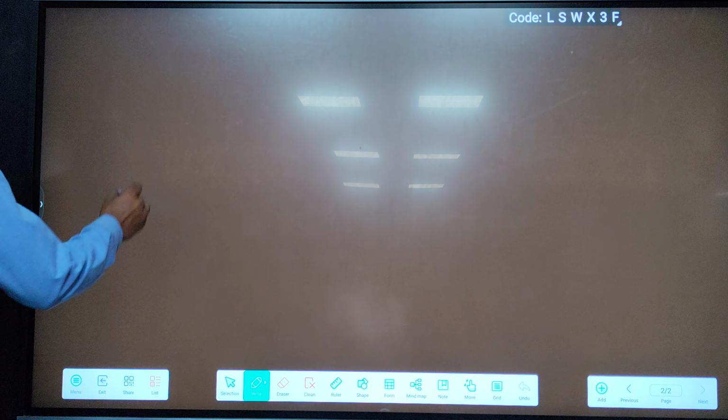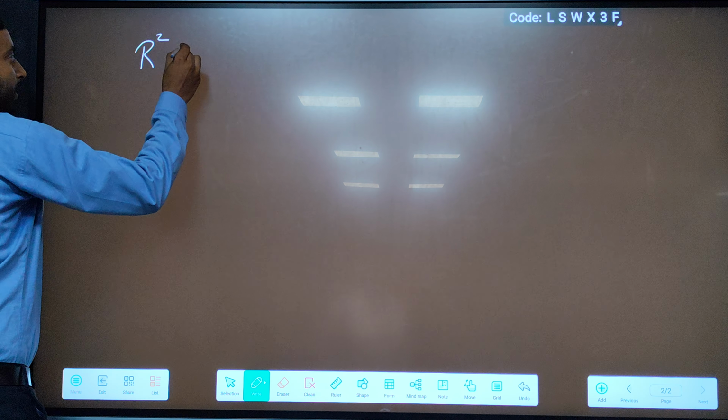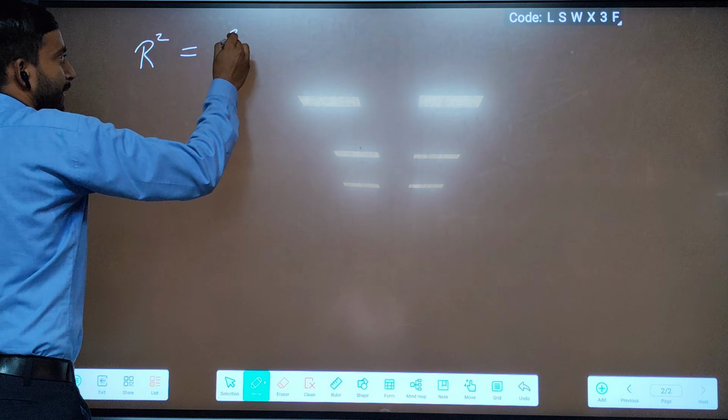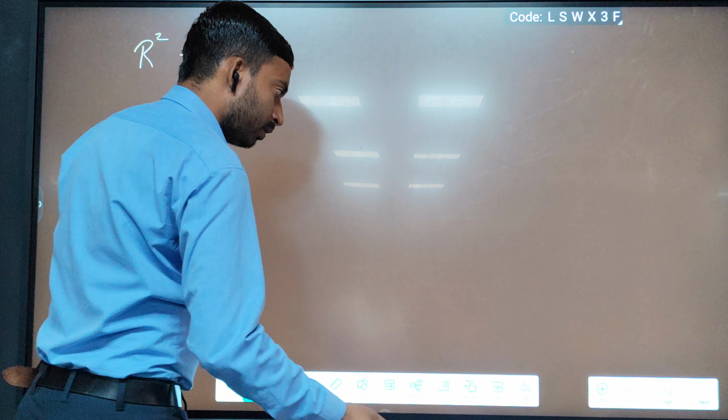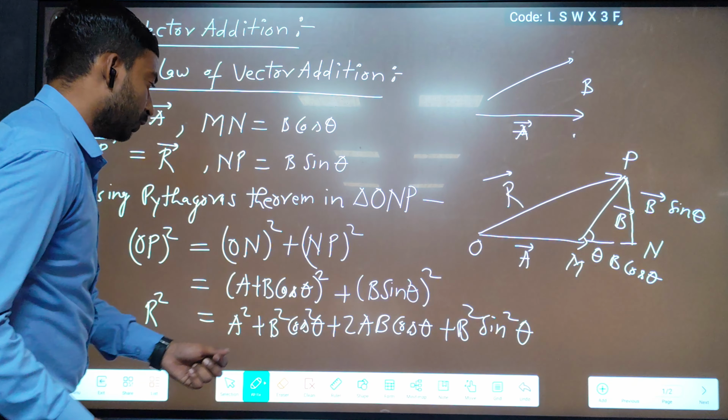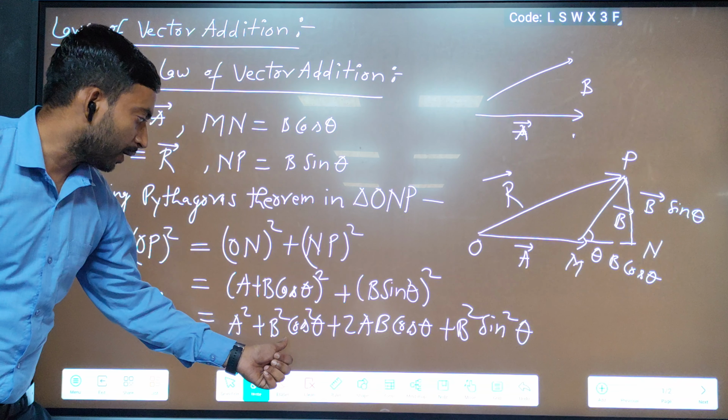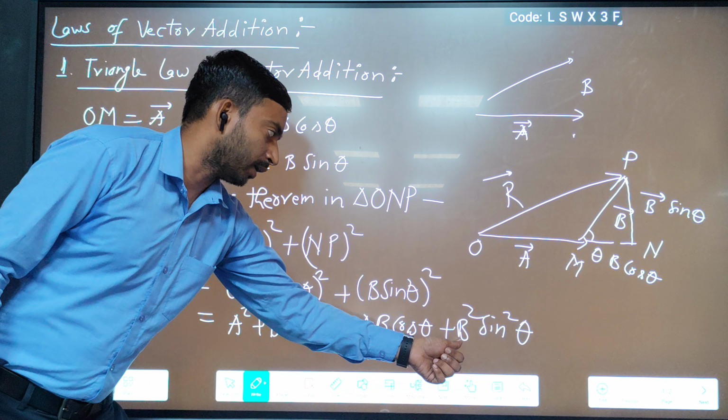Now R square equals A square plus, here you can see B square cos square theta, B square sin square theta.